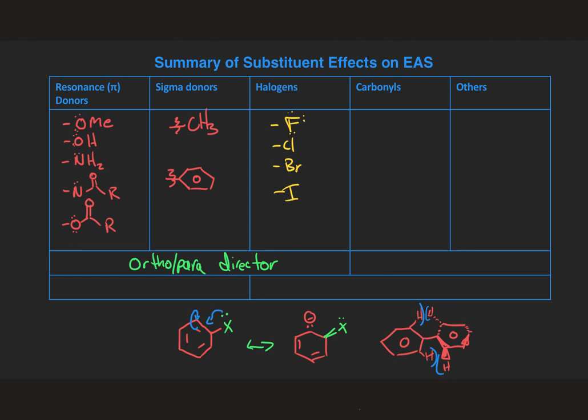And the ones in red are activators. They increase the rate of electrophilic aromatic substitution. Because they have resonance, halogens are also ortho-para directors, but these are deactivators.